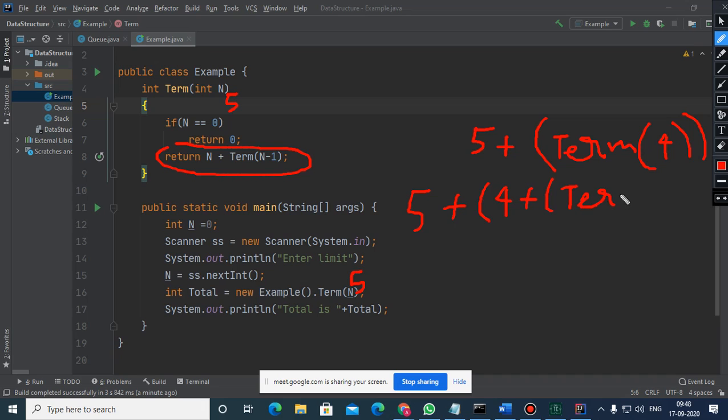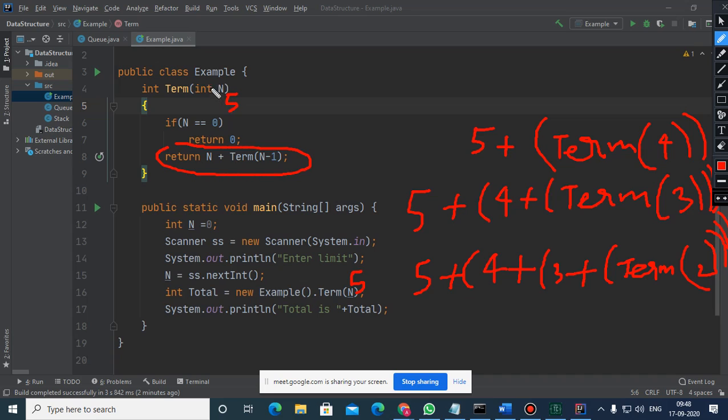term 3. In a similar way it will get executed, and further it will become 5 plus 4 plus 3 plus term 2, close all the brackets, and further it becomes 5 plus 4 plus 3 plus 2 plus 1 plus, within brackets, term 0.